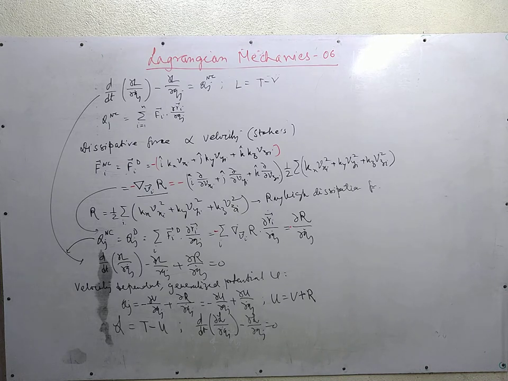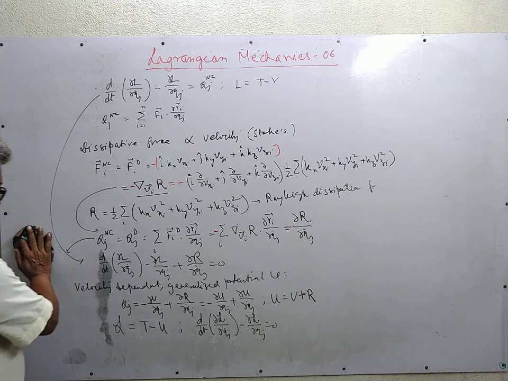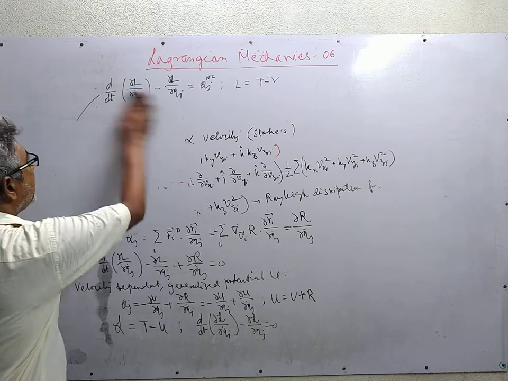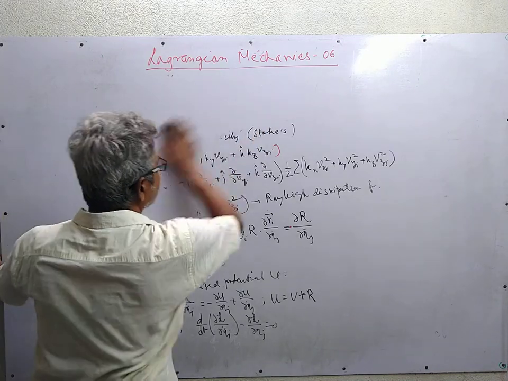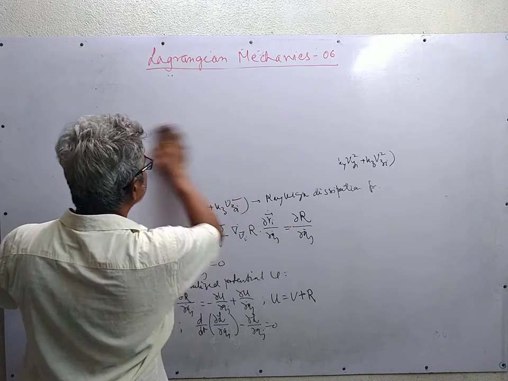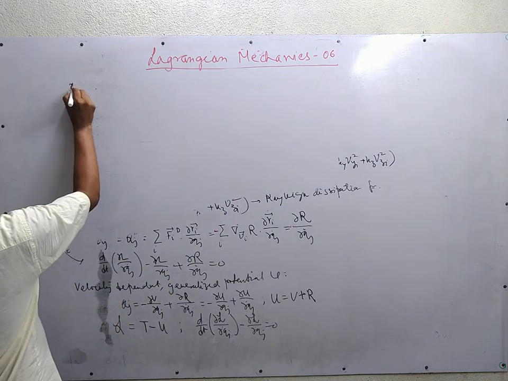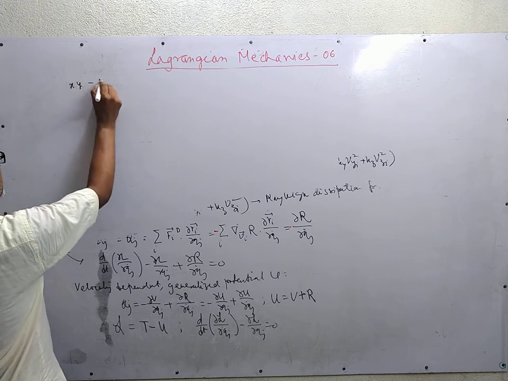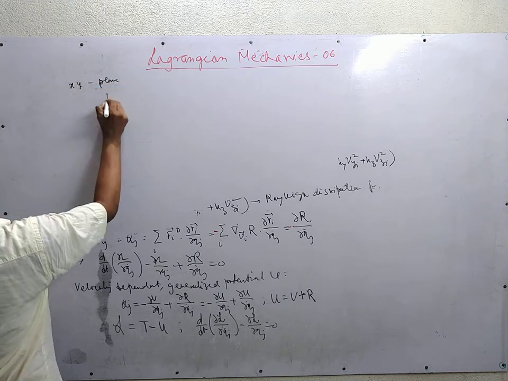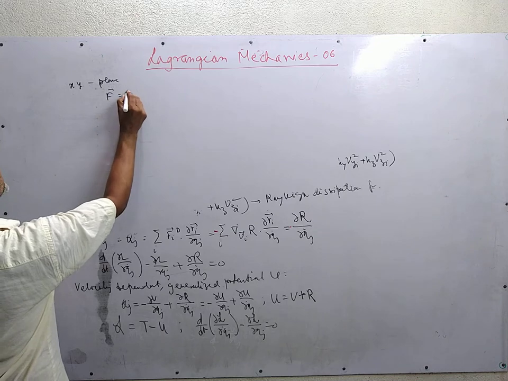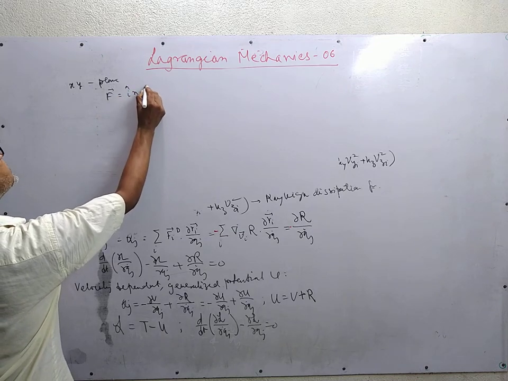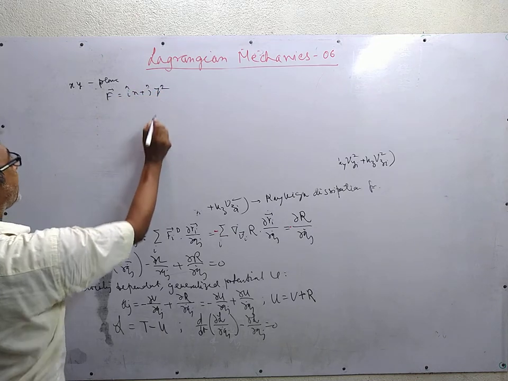First, we consider a particle which is moving in a plane, and is being subjected to a non-conservative force field. So if the particle is moving in the xy plane, the force acting on it is i cap x plus j cap y square.